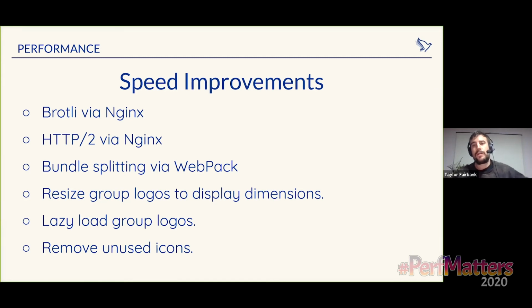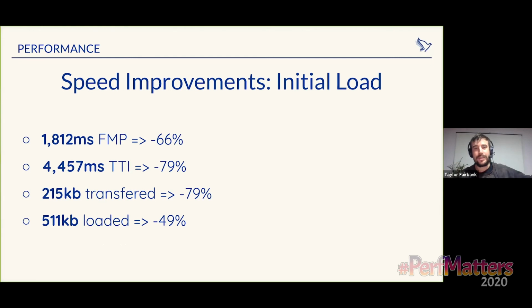So if you remember that list of groups with all their logos, if you have the group name there, we can load the logos in the background and those will come in over time, but that's maybe not the most important content on that page. And then the last thing was that I was loading all of the Font Awesome icons at once, and we've cut that down to just the icons that we're using. So that's what we're doing for speed improvements.